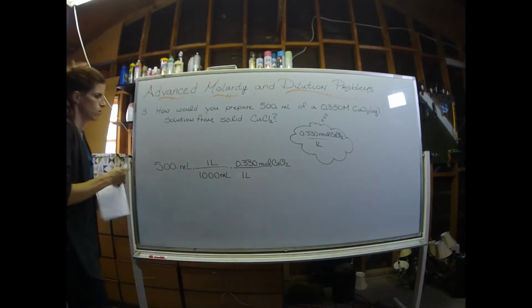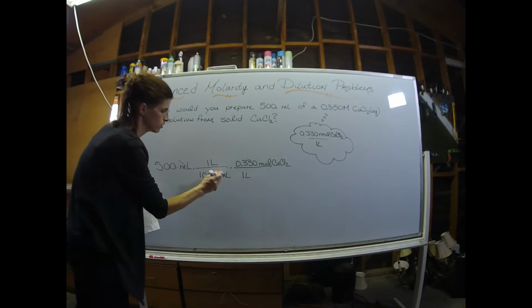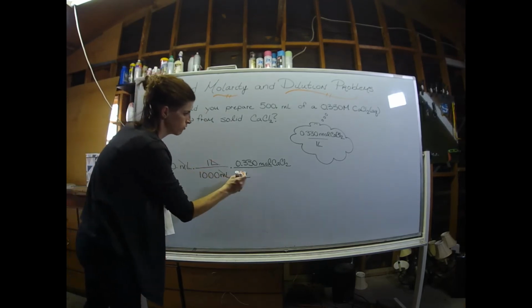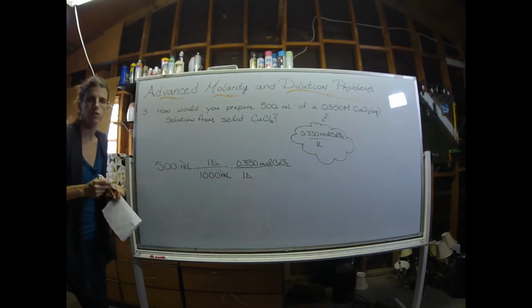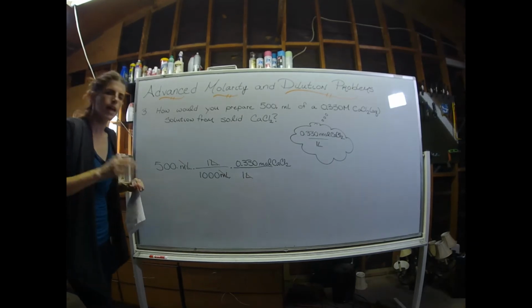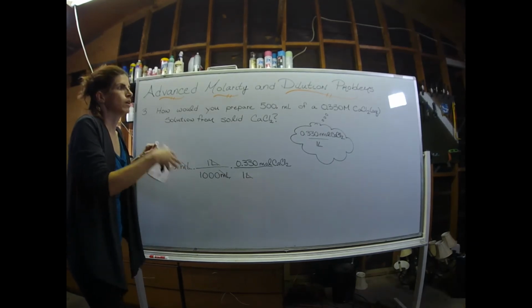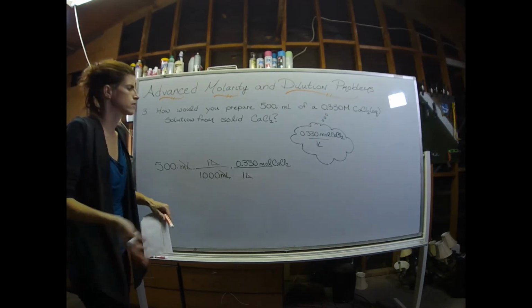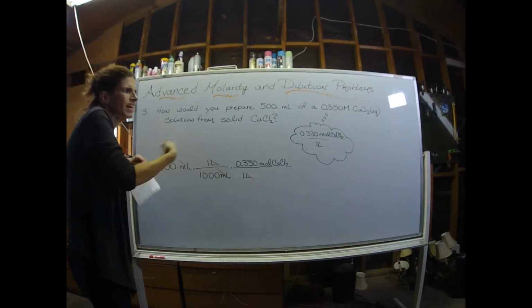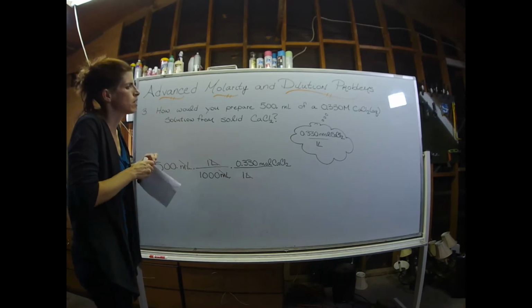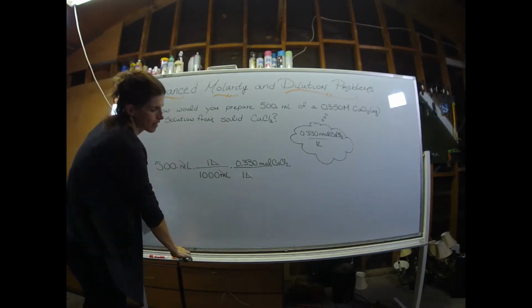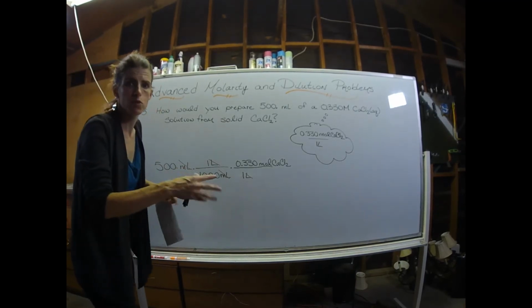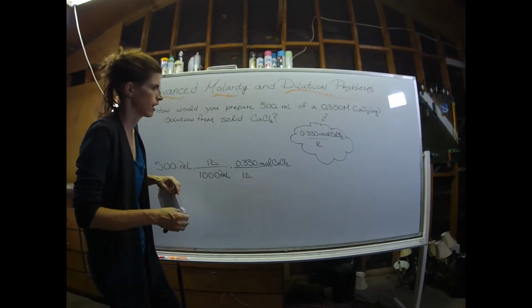So milliliters will cancel milliliters, liters with liters, and now we're at moles of calcium chloride. We're getting there, but this is a lab scenario. This is a realistic situation that chemists and biologists encounter pretty much every day in the lab. So moles is not going to help us prepare the solution. We need grams so we can throw that onto our scale.